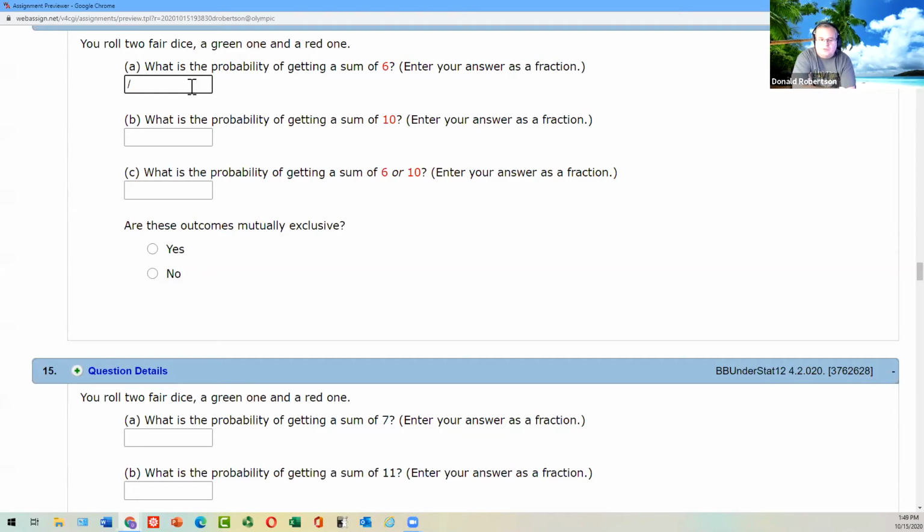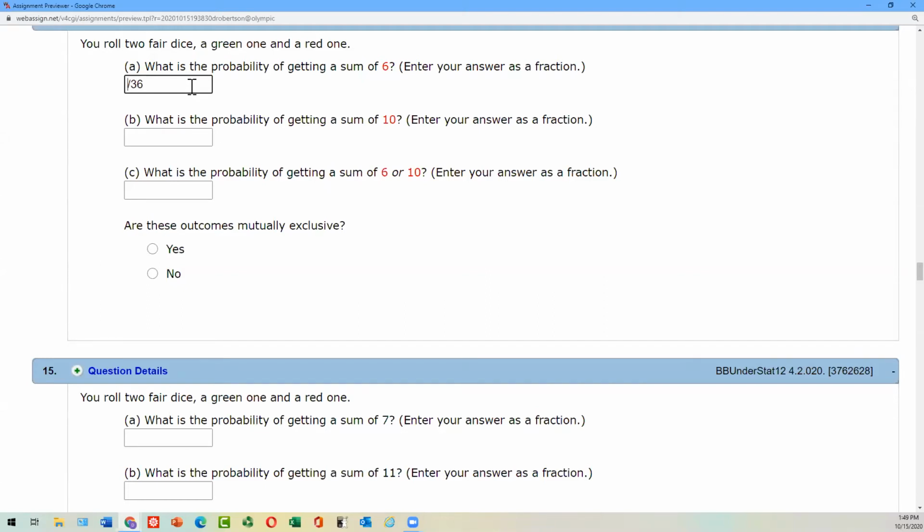Right, 6 numbers on the red dice, 6 numbers could happen on the green dice. How many different combinations of those could happen? Isn't it 36? It is 36.